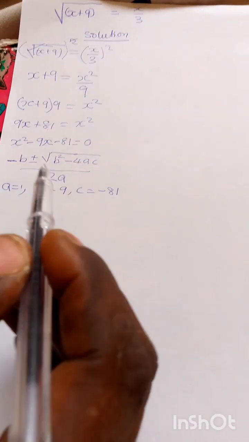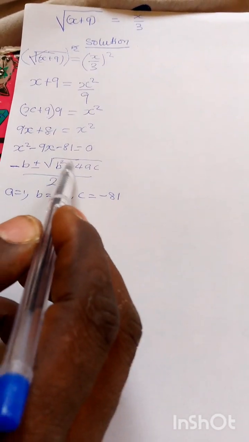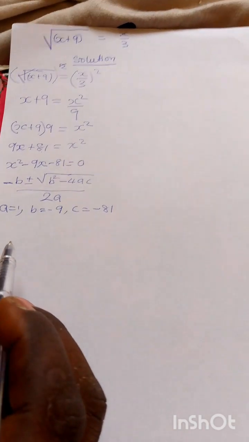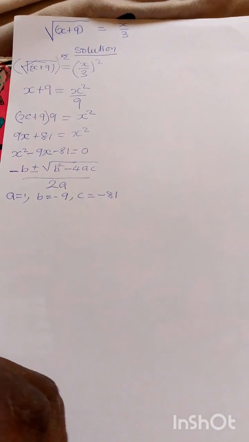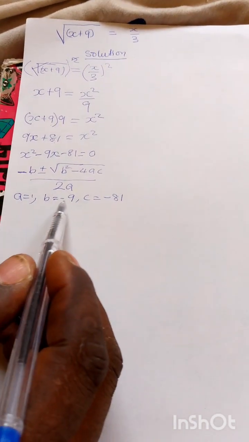Now we will put these coefficients into this formula and see how we can resolve this quadratic equation. So our b is minus 9.